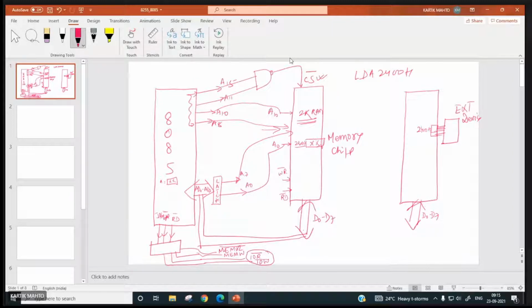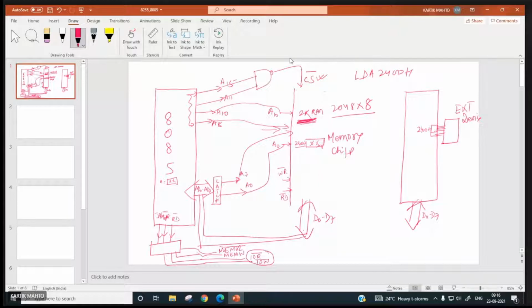Why? Because 2K RAM is 2048 different locations. And suppose you start giving this type of pins to each and every location, each will have 8 pins, no? Hello? Yes, sir. So how many pins will we need? These many pins. Right.